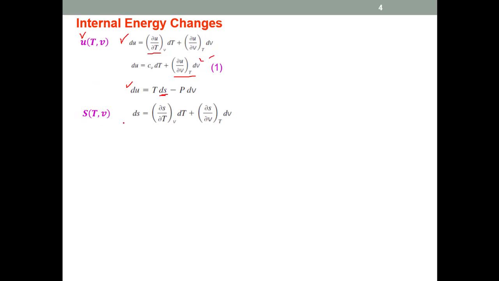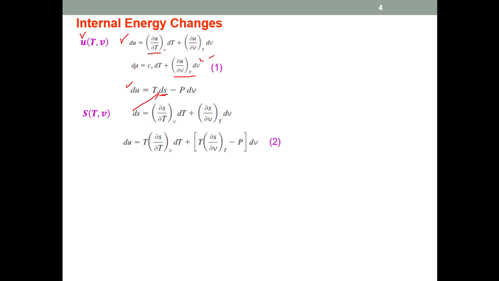So the total derivative of the entropy will be equal to partial S by partial T into dT plus partial S by partial v into dv. If we put the value of this dS here, then we'll have T times the value of this dS, and if we rearrange, we'll get the change in internal energy in this form. Let's say this is equation 2.